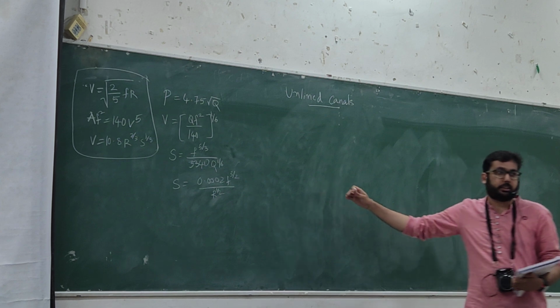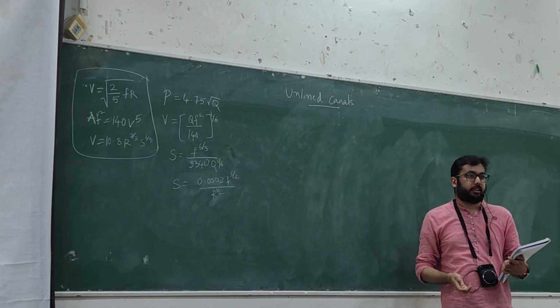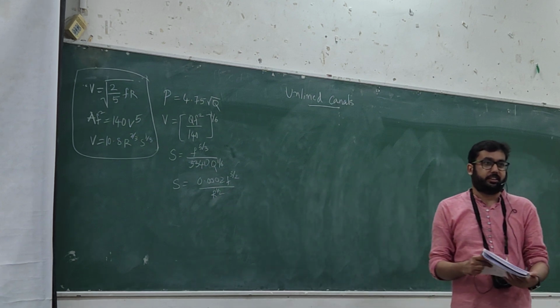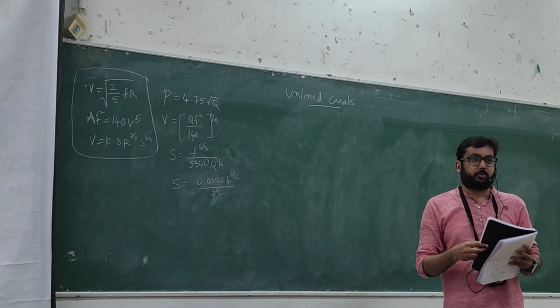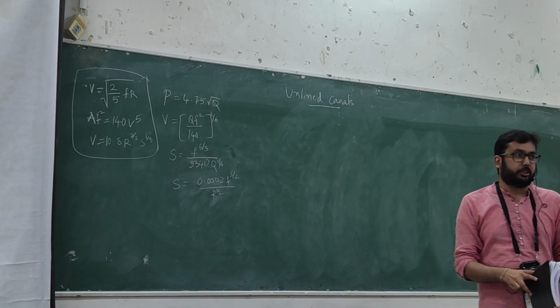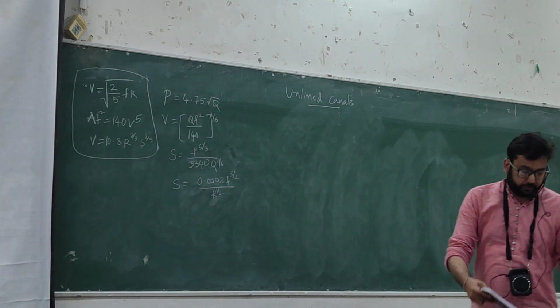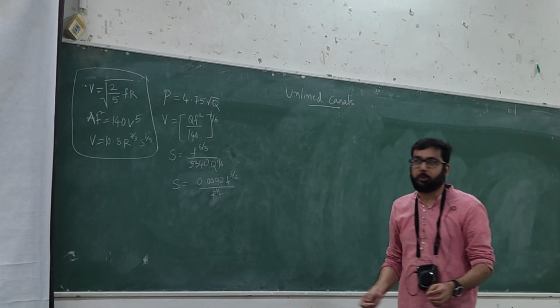So we have derived these relations yesterday. Right? Are we leaving something? One more: SF and small q, discharge per unit width.